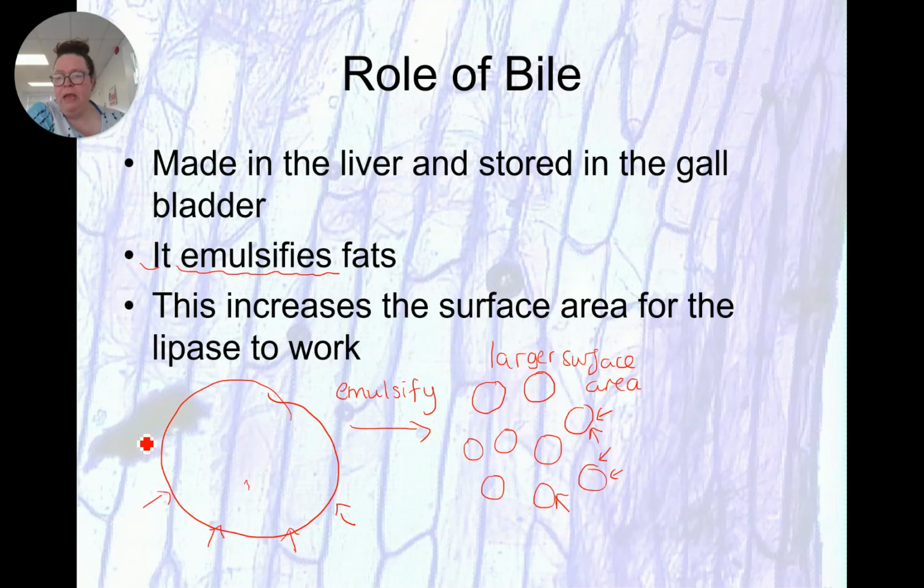Now, bile is also very alkaline. Okay, so it neutralizes the acid from the stomach.